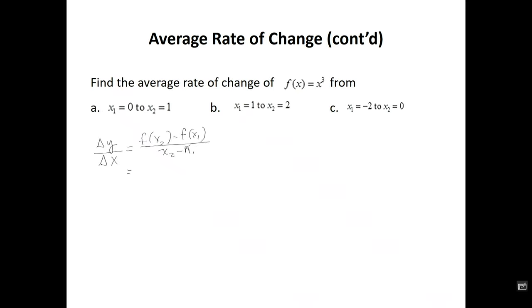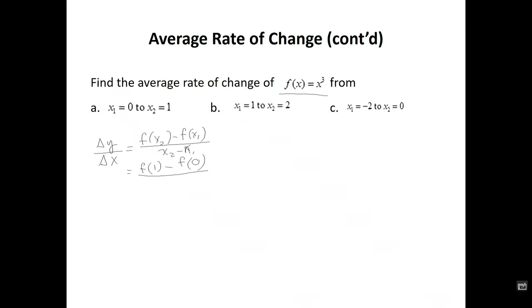All right, so let's compute this. Our function is f of x is equal to x cubed. So we have f of x2, f of x2 is 1, minus f of x1. F of x1 is 0.